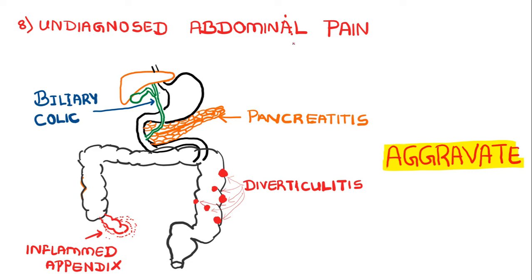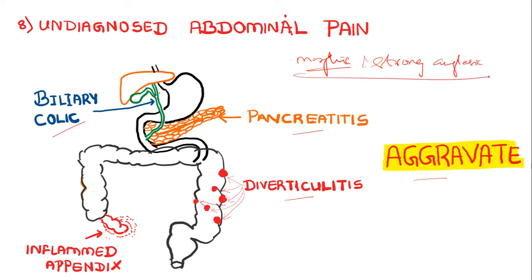So in case of undiagnosed abdominal pain, you need to avoid using morphine because it can aggravate certain conditions like biliary colic, pancreatitis, diverticulitis, as well as inflamed appendix leading to rupture. Since morphine is a strong analgesic, it can mask the pain sensation through central mechanism, but the underlying pathology may remain as it is.